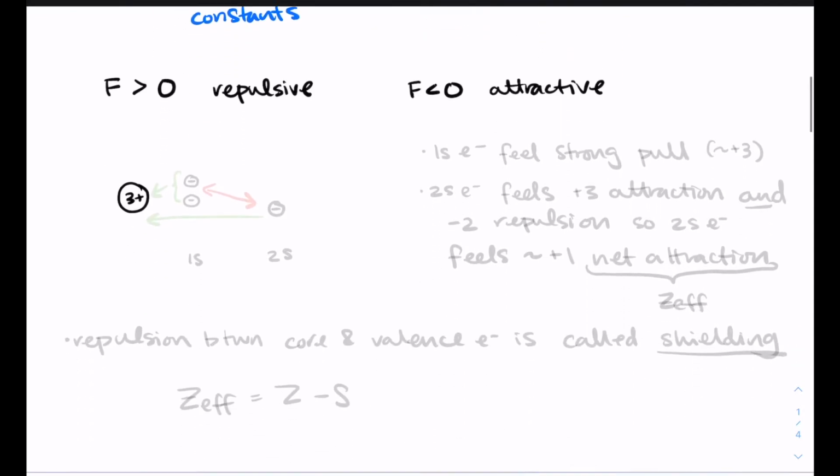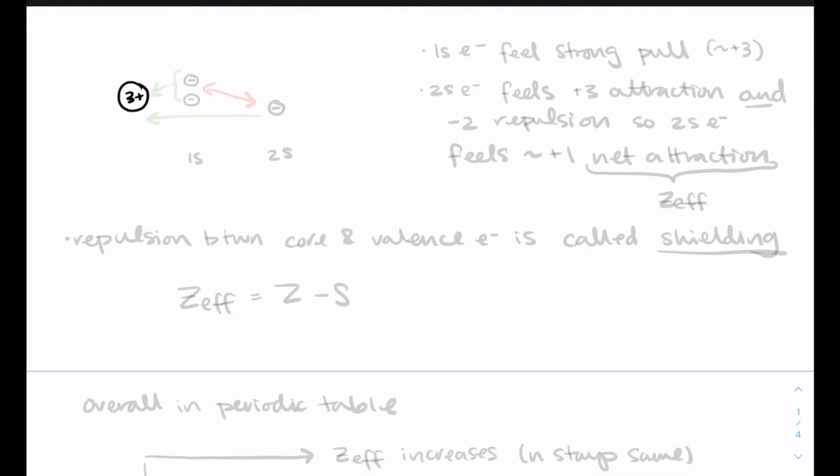We know this because of the principal quantum number. So what we have is the 1s electron feeling a really strong pull. Like you pick one electron and say, what is the pull from the nucleus? So pick one of the electrons in the 1s, look at what it's interacting with, and it's getting pulled in by the nucleus pretty tightly.